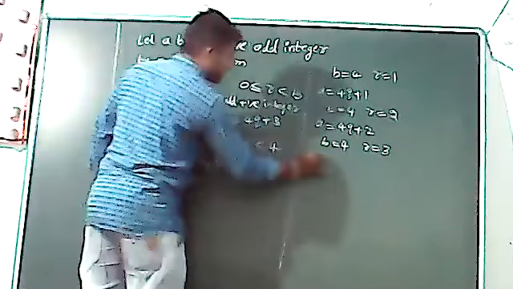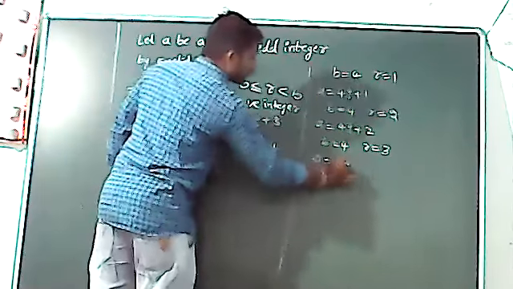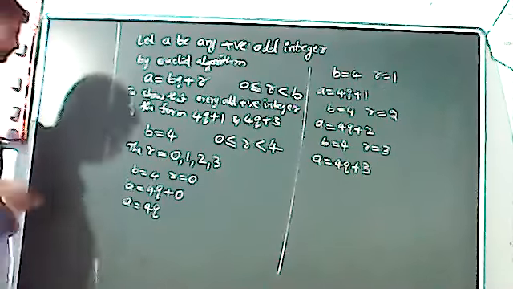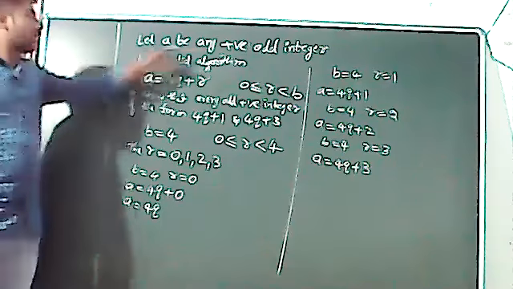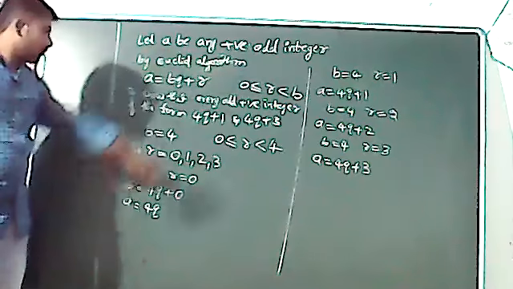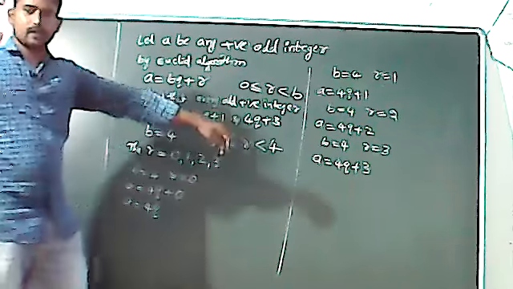Then we get a is equal to 4q plus 3. So, see the question once: every positive odd integer a is of the form 4q plus 1 or 4q plus 3. Are we getting that?